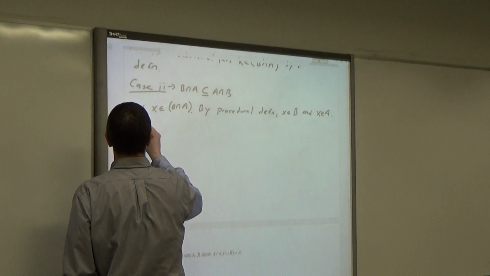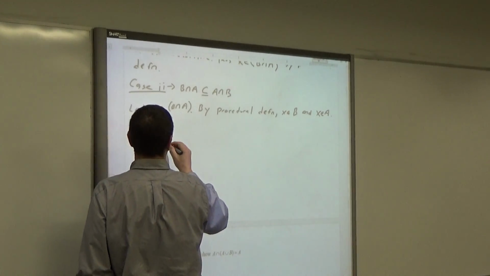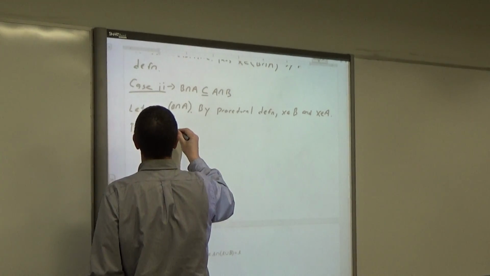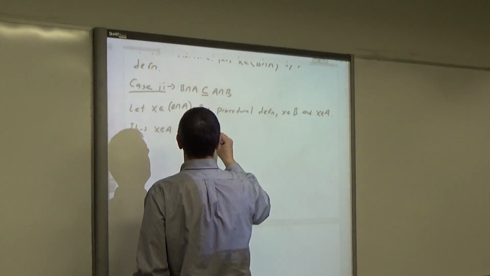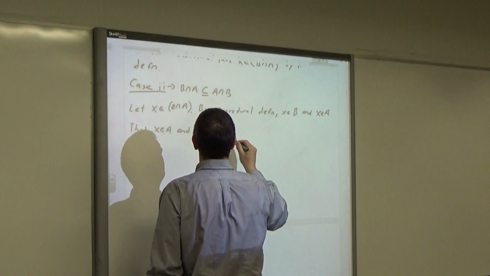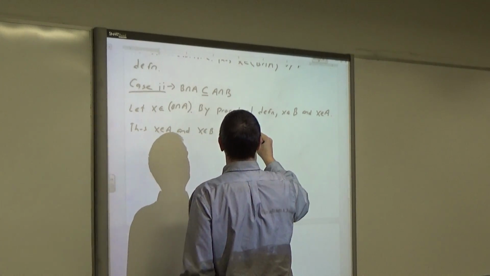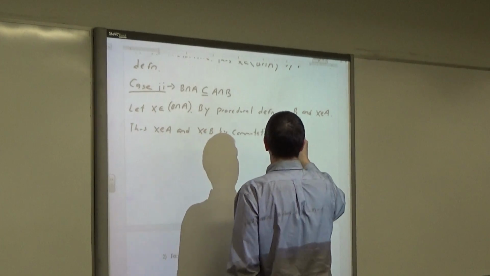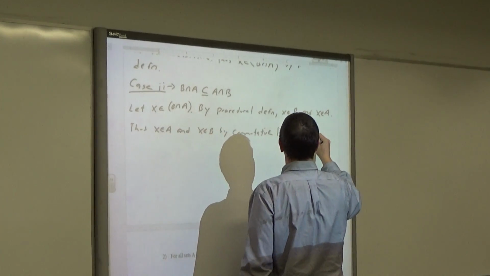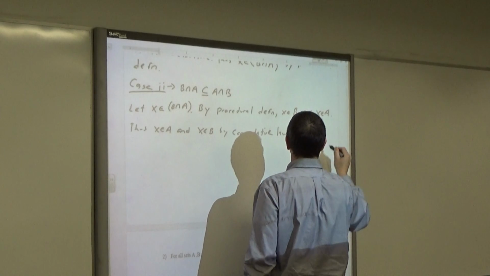So thus, x is an element of A, and x is an element of B by commutative law of Boolean logic.